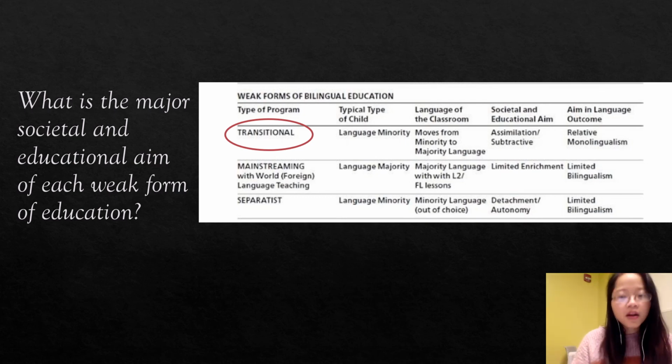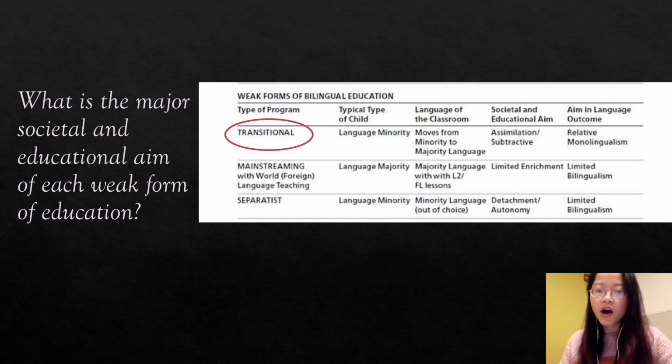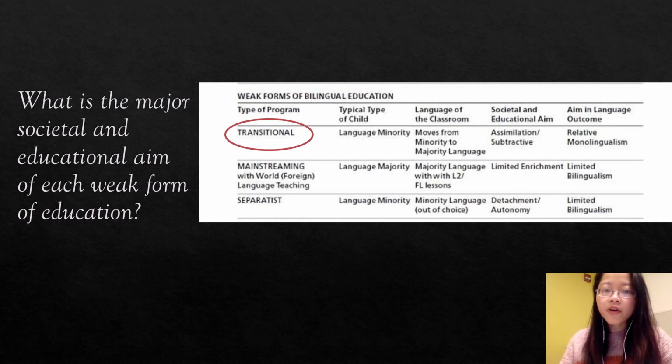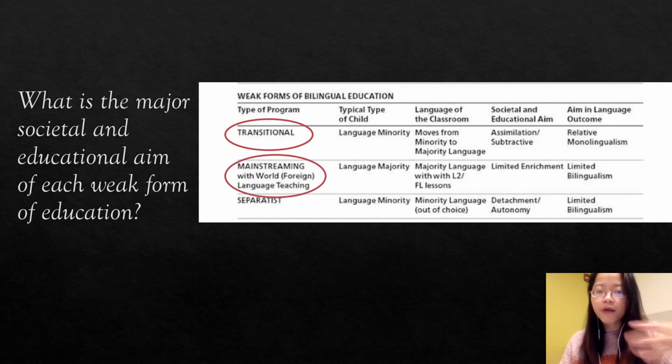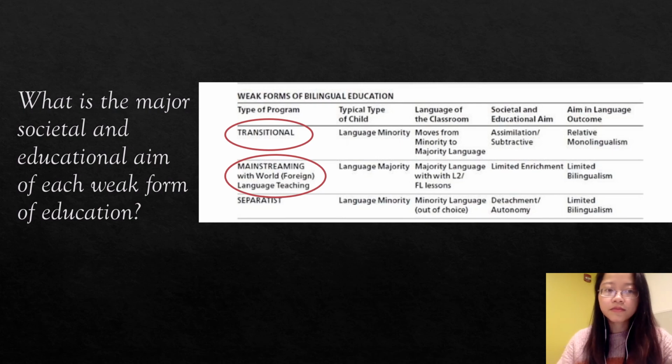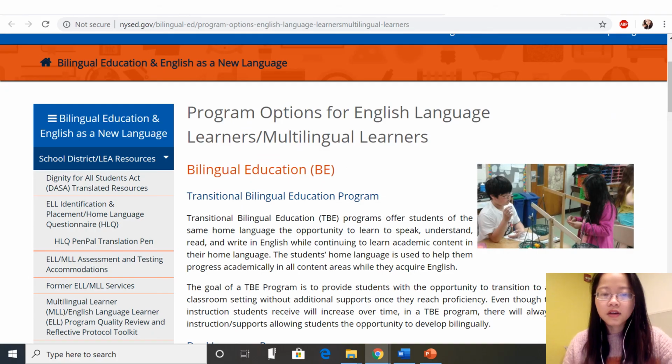In the following slide, I will talk more about mainstreaming with foreign language teaching and how it's different from the transitional model. One example of a transitional bilingual education program can also be seen in New York State's bilingual education and English as a new language.